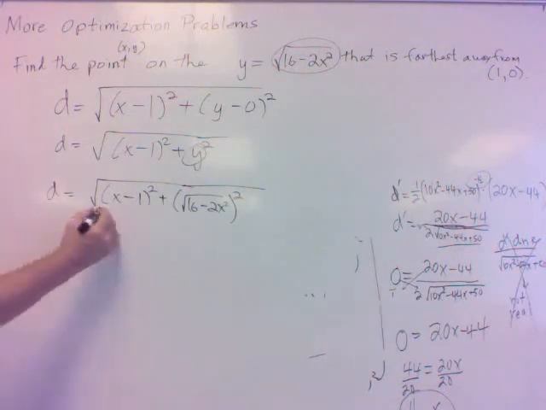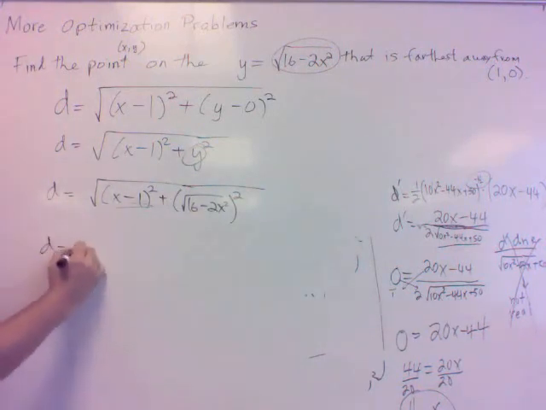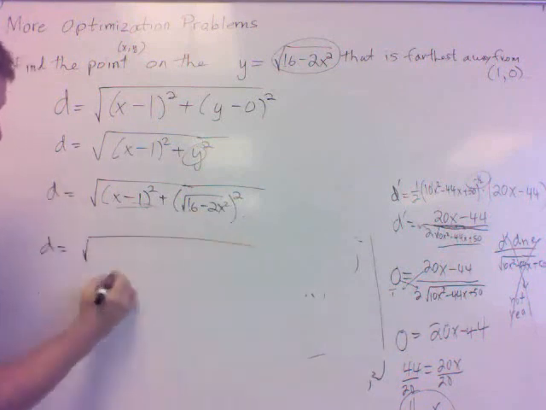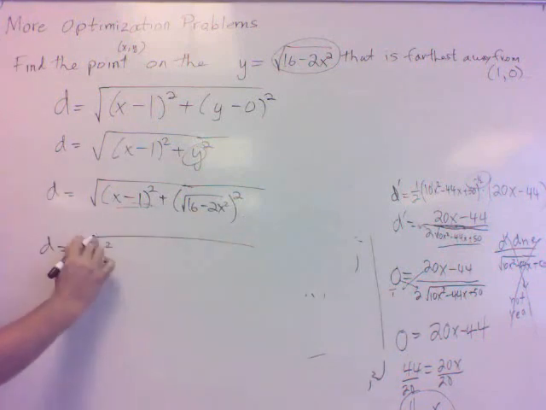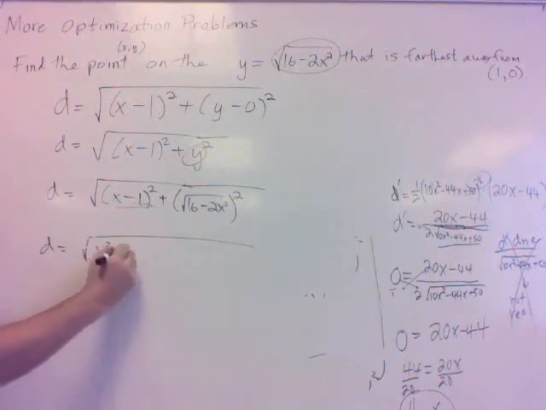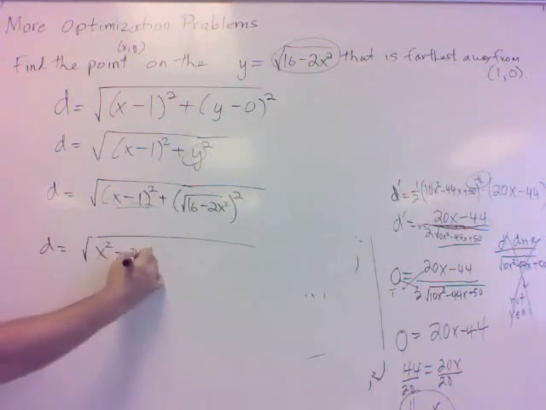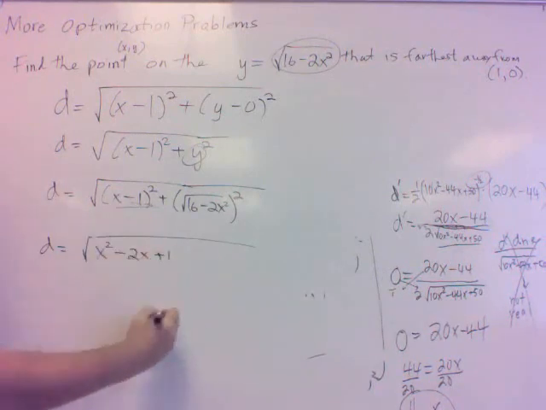And again, I want to square this out. x minus 1 twice, so that would be x squared minus 2x plus 1.